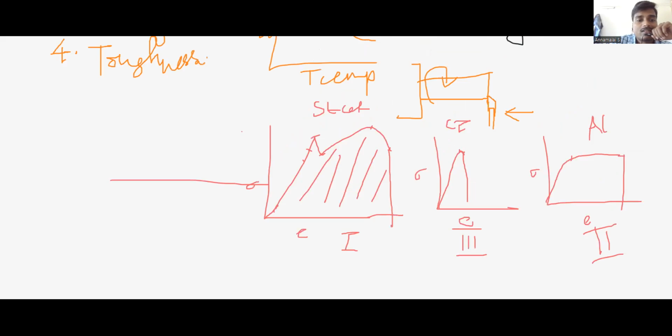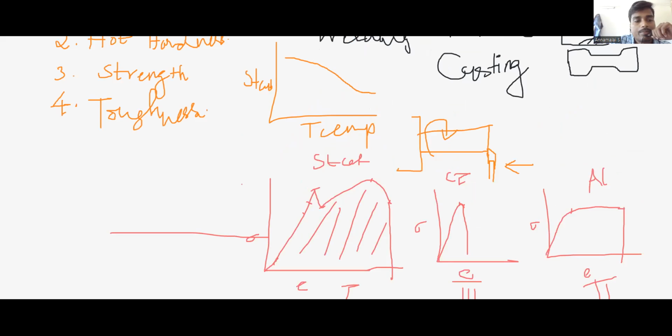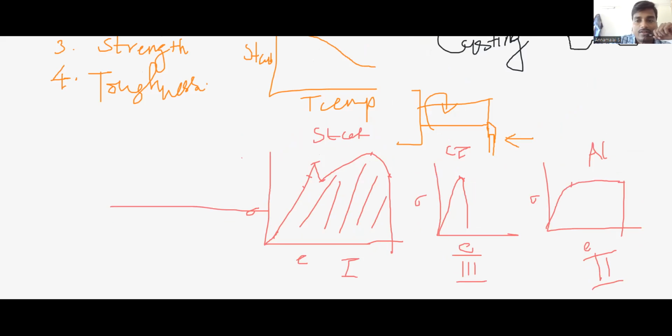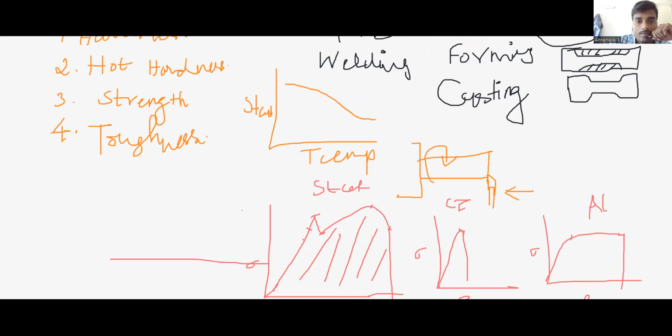The toughness of the material is very important because if the material doesn't have toughness, it will easily fail. The tool material should have toughness to absorb energy, because during the interaction, when you move a tool against the workpiece, there will be impact load applied over the tool.